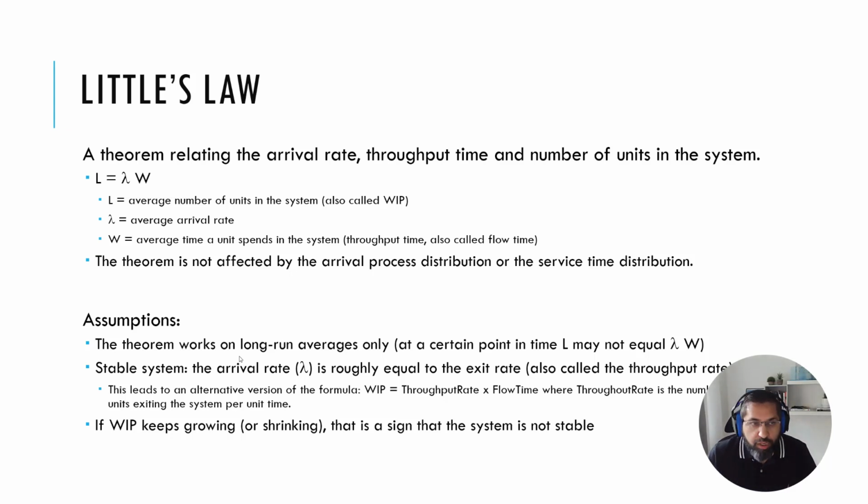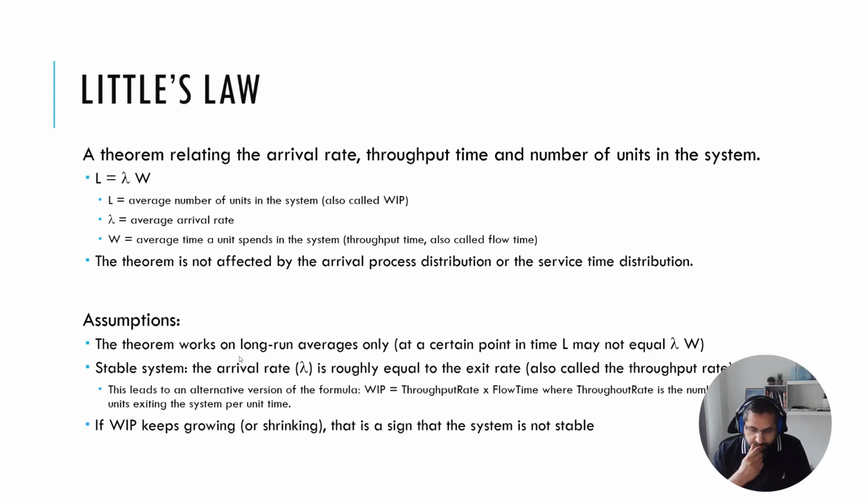And so for this theorem to hold, that also has to be true. If your work in process inventories keeps growing and growing and growing, I mean, it will go up and down because arrivals could be random, but if it just keeps growing systematically or it keeps shrinking systematically, you may not have a stable system.